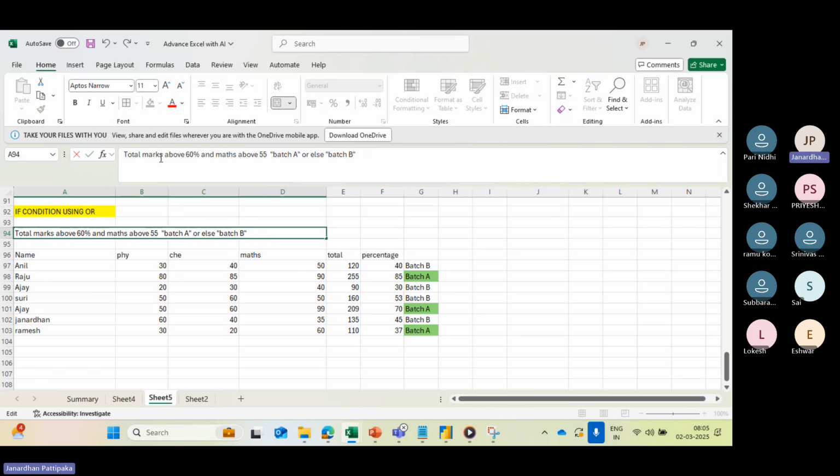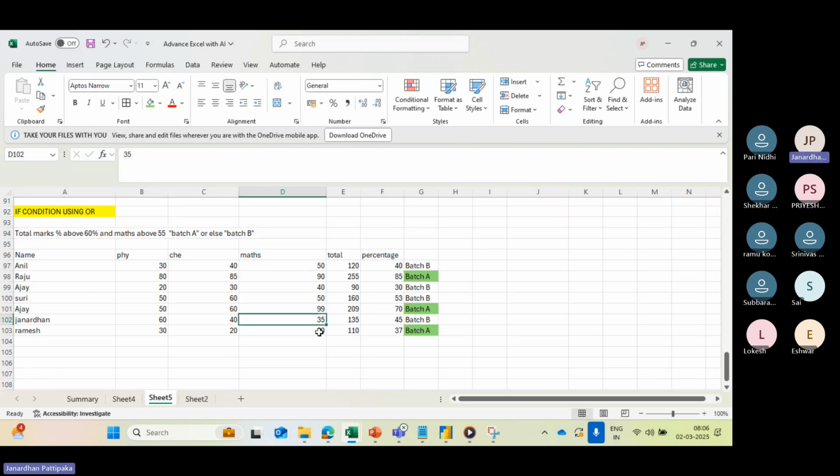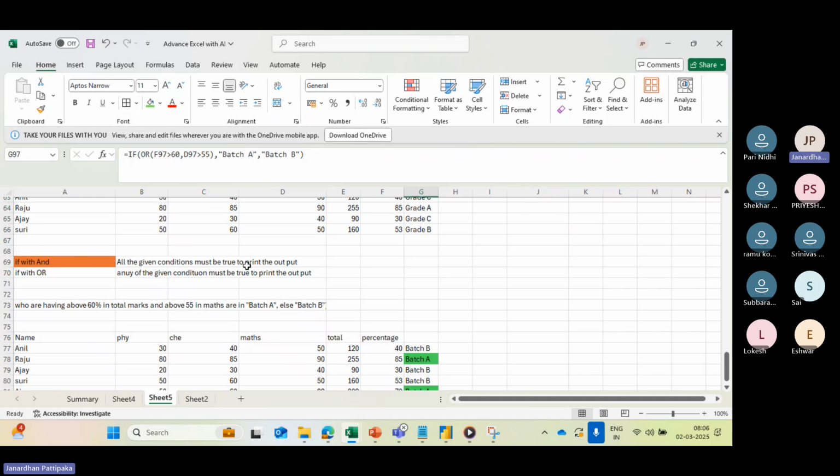Here this person is getting above 55. In maths he passed, but his total percent is 37 only. That is not 60, but he has passed. If any one condition is satisfied in the OR condition, it will give the output. So this is what I have mentioned here.